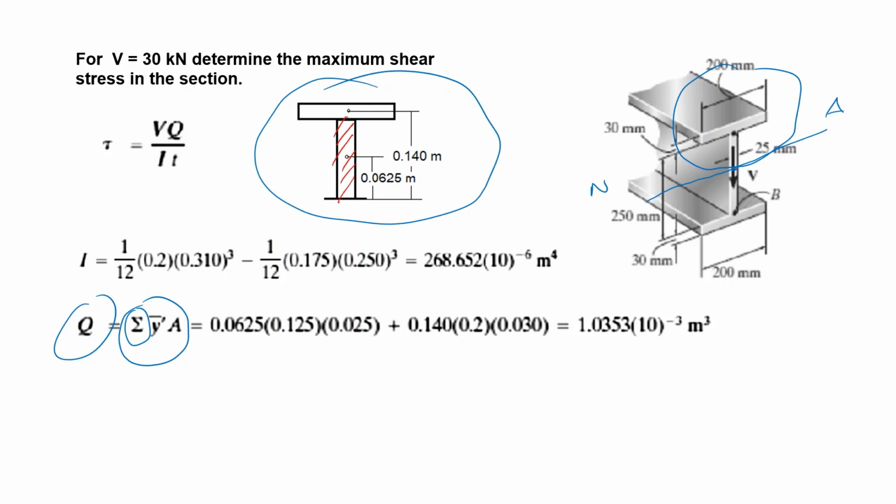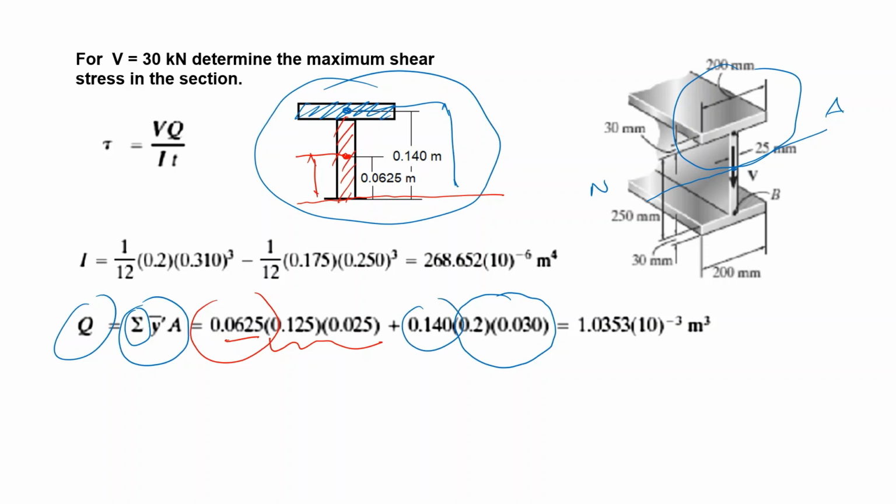First, for this rectangle, we calculate the area, and the distance of its centroid from the selected axis is 0.025. Next, we come to this second area. This is the area, and the distance of its centroid from the axis is 140. If you do this calculation, you find the Q value for this axis.